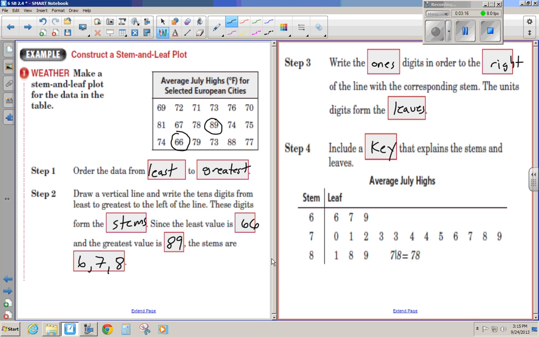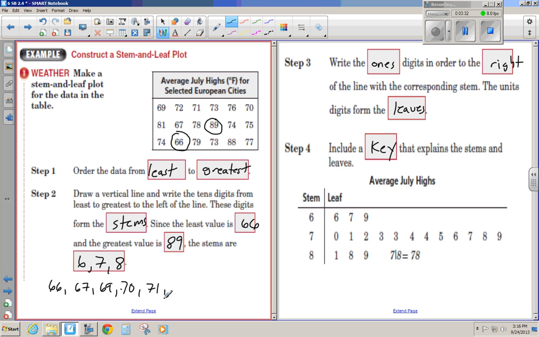Alright, so what this means, what you would have done is you would have started by writing them across. So 66, 67, 69, 70, 71, 72, 73. 73 happens twice.